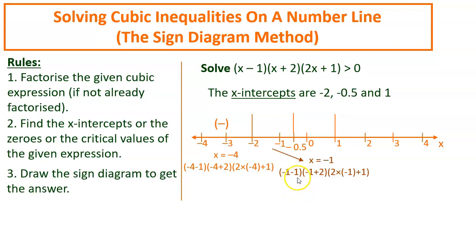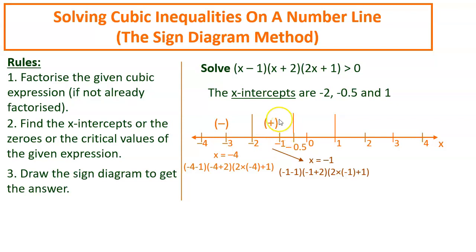So minus 1 minus 1 is minus 2. Minus 1 plus 2 is plus 1. And 2 times negative 1 is negative 2, plus 1 is negative 1. So it is negative 2 times 1 is negative 2, times negative 1 is a positive 2. So the sign of the product is a positive sign. We will be getting all positive products for any value of x from this region.